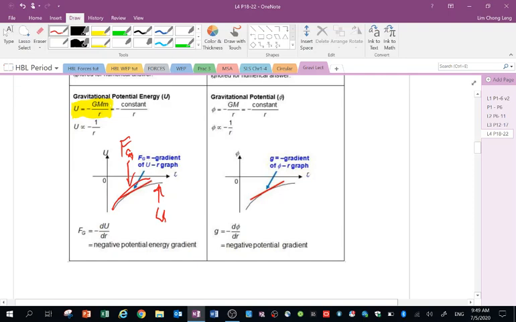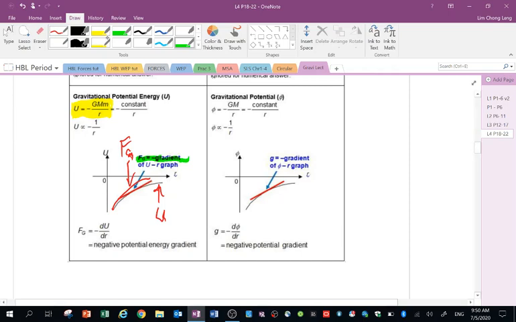Fg compared to U, Fg is steeper than U, all right? And then the gradient, in fact, I should say the negative of the gradient represents the force. So at any point, the negative of the gradient represents the force on the body at that particular point.